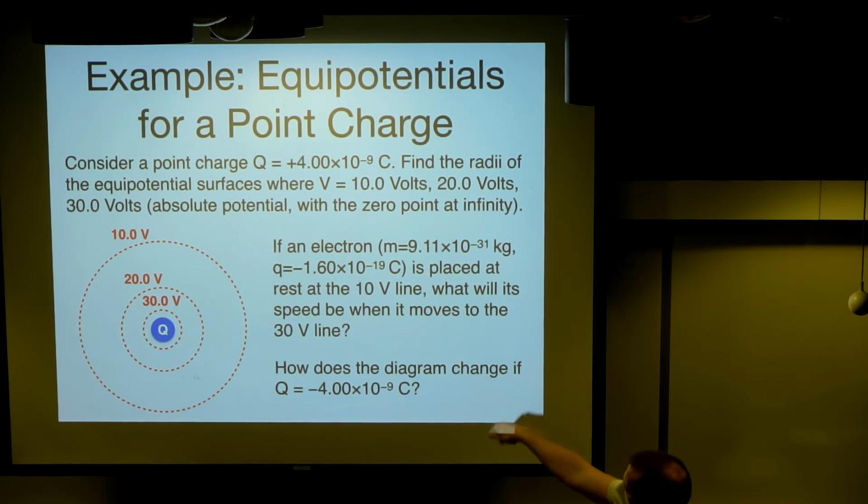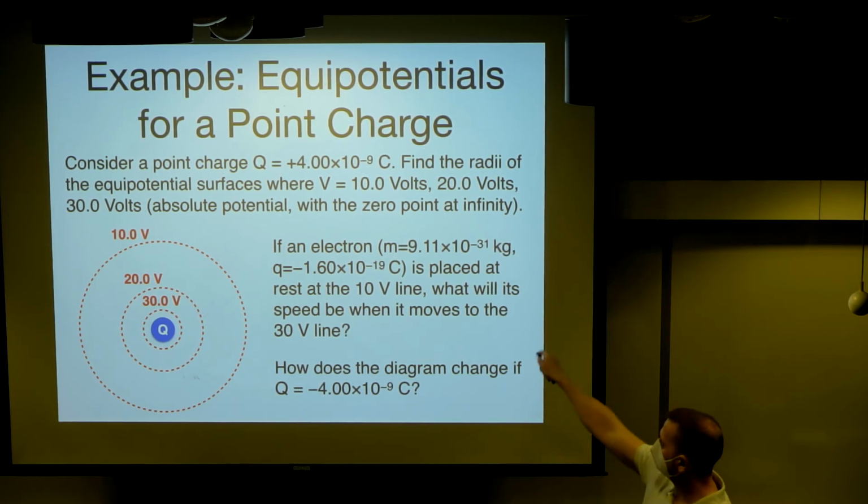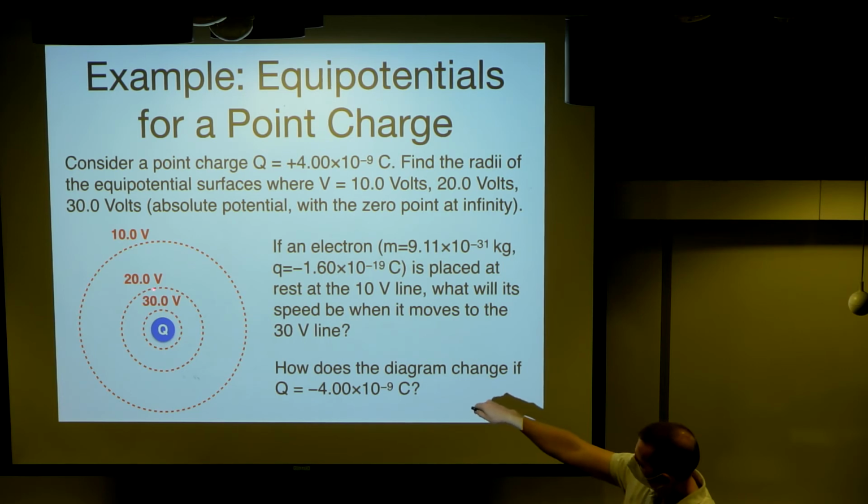Like, how far out from the center do we have to go to get to the equipotential surfaces where V is 10 volts, 20 volts, 30 volts? This is absolute potential with the 0 point at infinity. So we know the formula we're going to use here. We'll find the radii of these 3 equipotential surfaces.